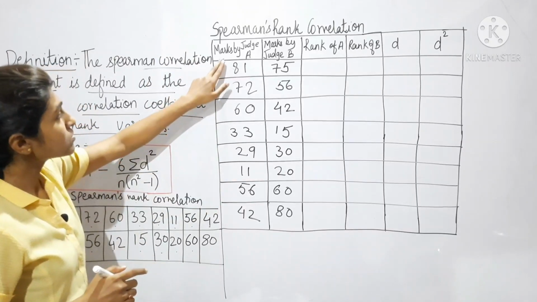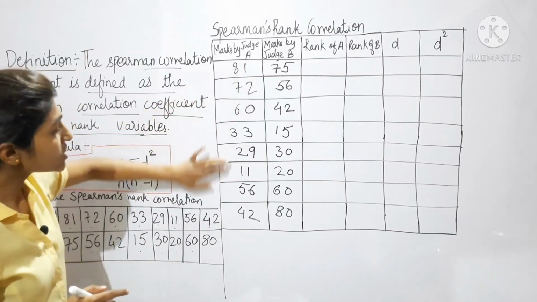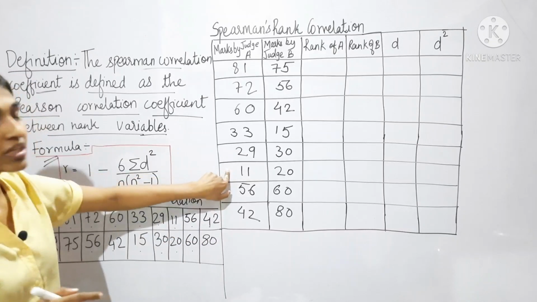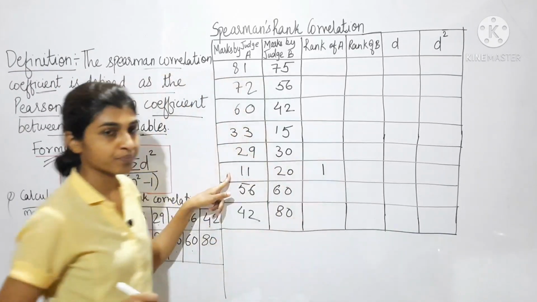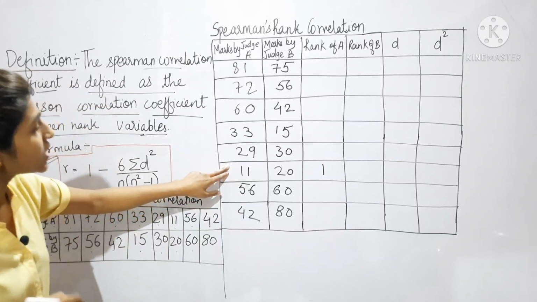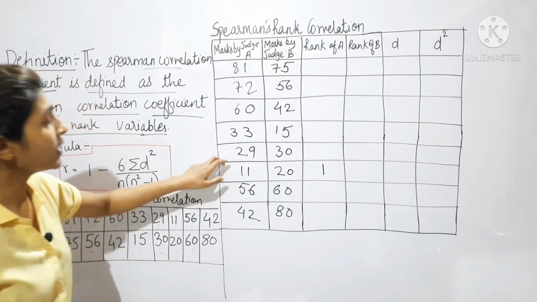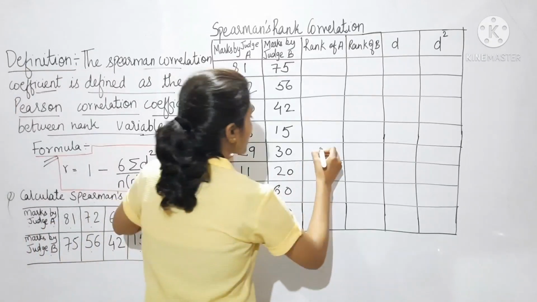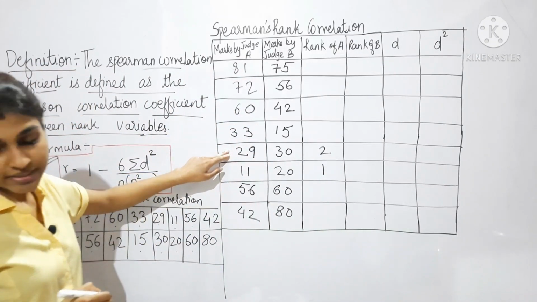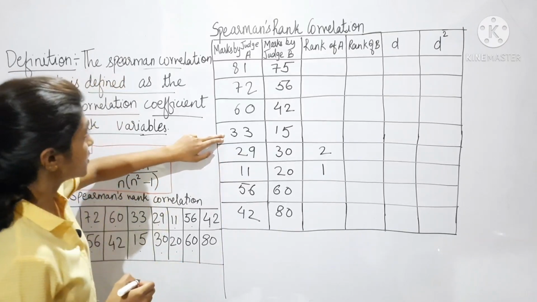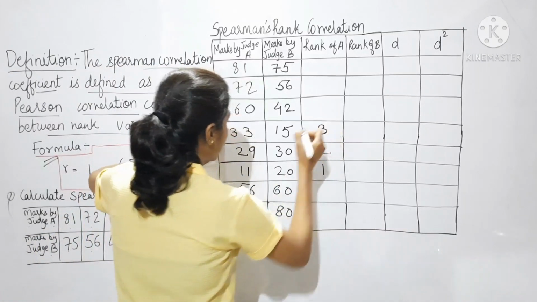So for the marks by judge A, which is the lowest number here? 11 is the lowest number, so I will give rank 1. After 11, which is the next smaller number? 29, so rank 2. After 29, the next number is 33, give rank 3.